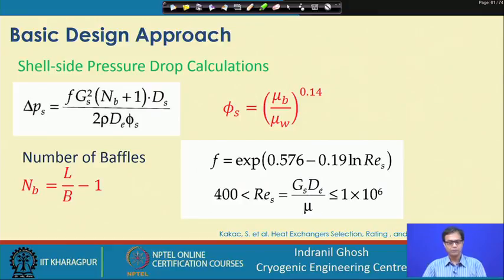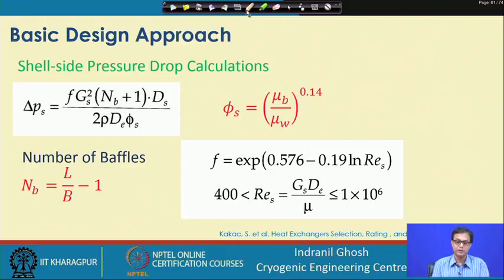Accordingly, we will find that there is a guideline, and for such a design we find the shell diameter, and it is given in terms of single pass, double pass or triple pass and so on.